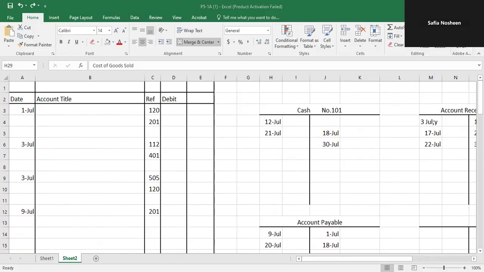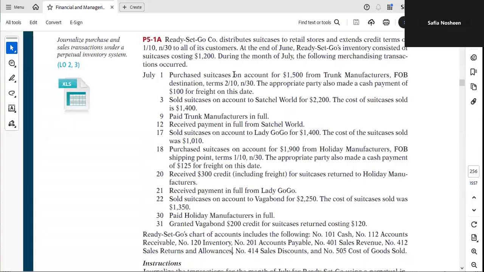The first transaction is that we purchased suitcases on account, 1,500, from Trunk Manufacturers at terms of 2/10, n/30. The appropriate party will make the payment for the freight on this date, FOB destination. What does this mean?